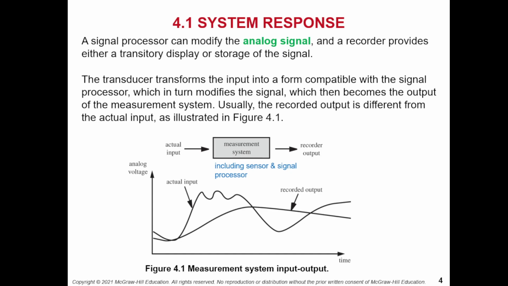Even though it's an impulse input, in the frequency domain it's a wideband input. But when you do the measurement, it depends on your mechanical system, right? Each system has its frequency response. So of course they are different from your actual input.